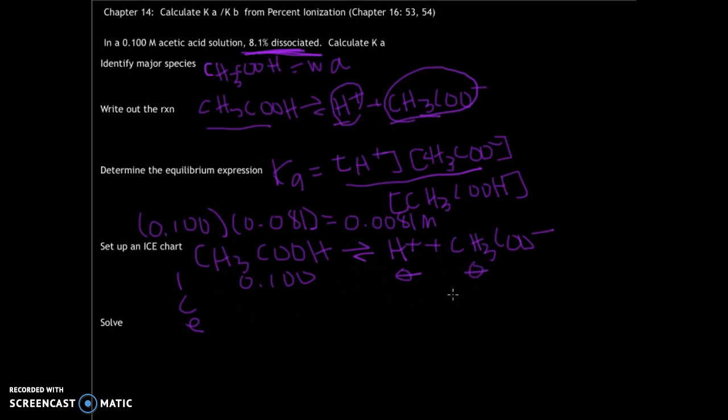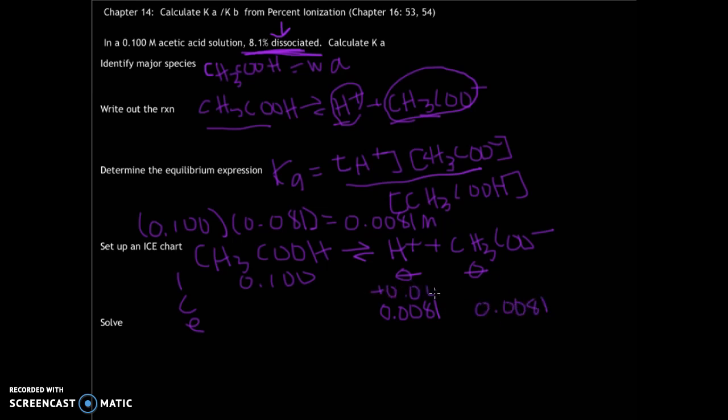However, we don't need to let X equal anything. Why? Because they gave us this piece of information. We know what these two guys are at equilibrium because they told us how much it was allowed to break apart. So at equilibrium, the hydrogen ion is 0.0081 molar. And since these are in a 1-to-1 ratio, this is also 0.0081 molar.